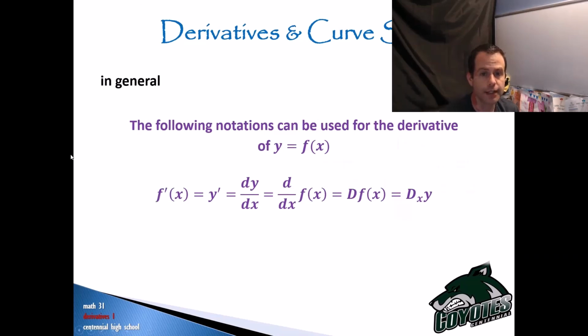We could say f prime of x, we could say y prime, we could say dy over dx, we could say d over dx of f of x, or we could say d subscript x of y. So all of them mean the same thing. We're just trying to get you comfortable with the fact that there are different ways of noting the derivative.